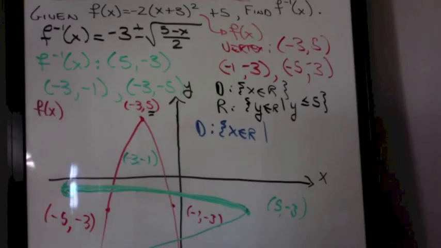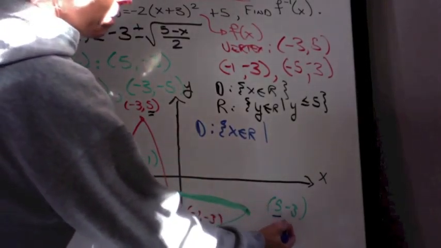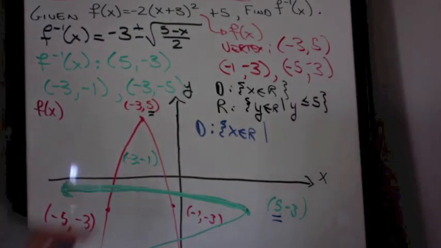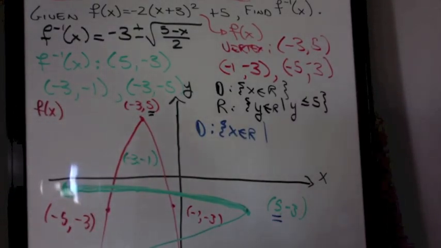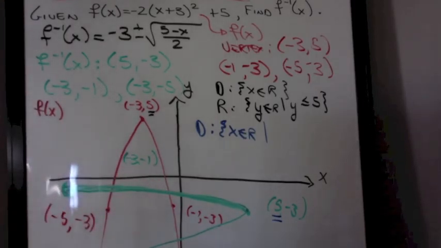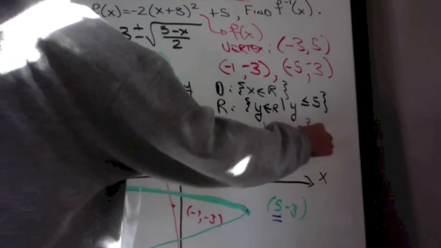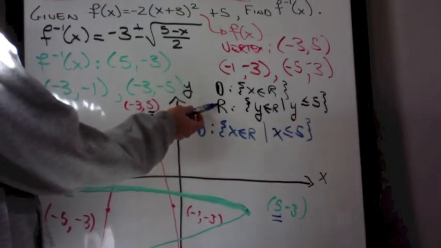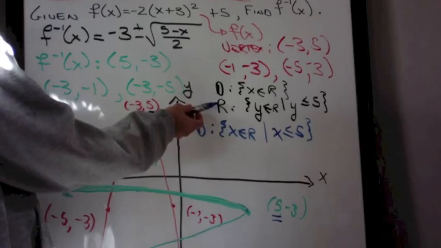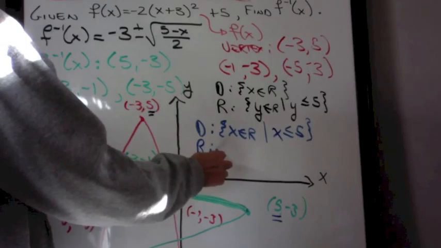All right, so for my domain, the biggest value that x will take on is the 5. All the other x's go this way. So we're going to say that x is less than or equal to 5. Notice how the domain of the inverse is the range of the original function.